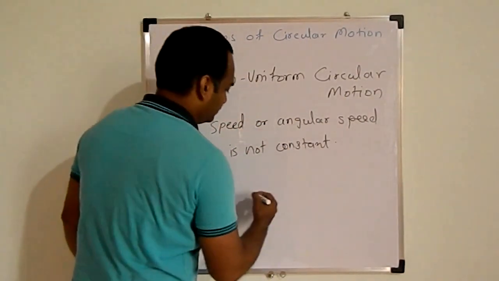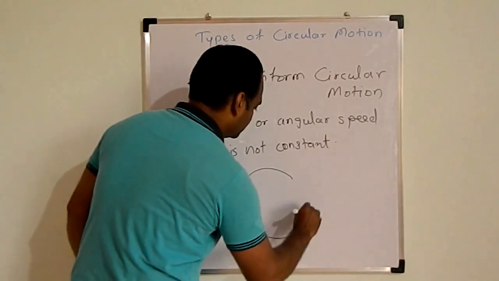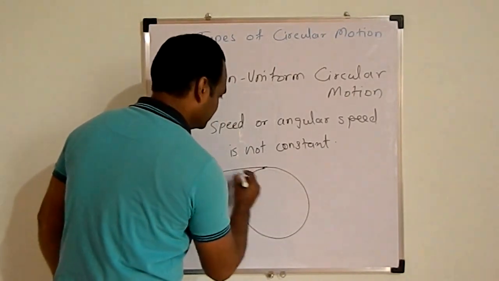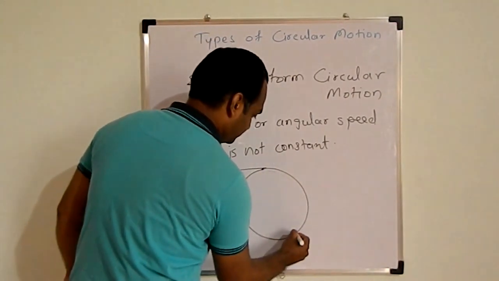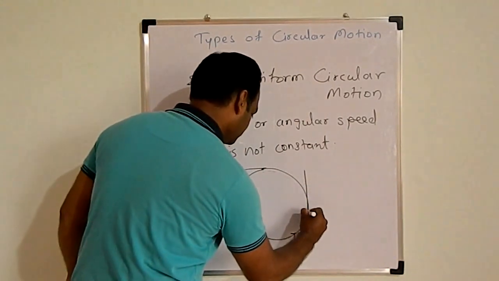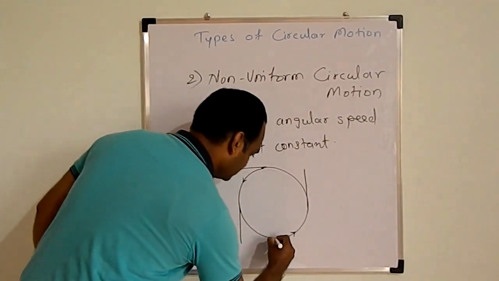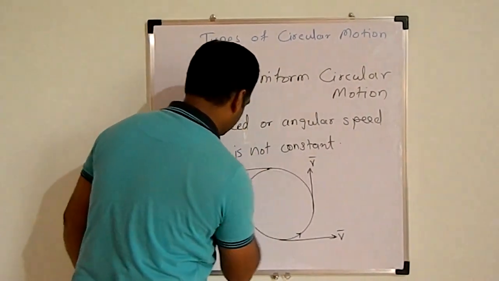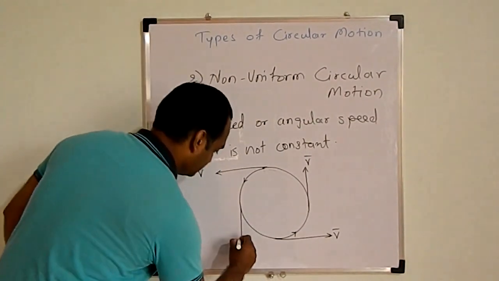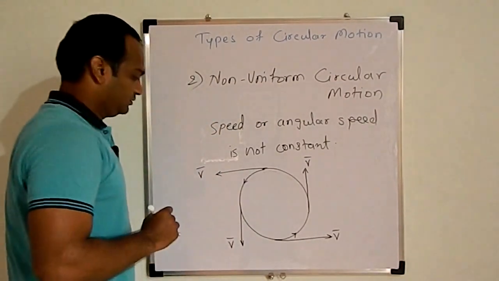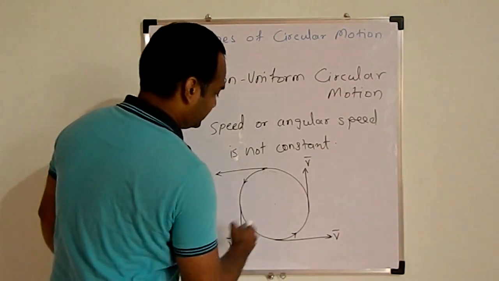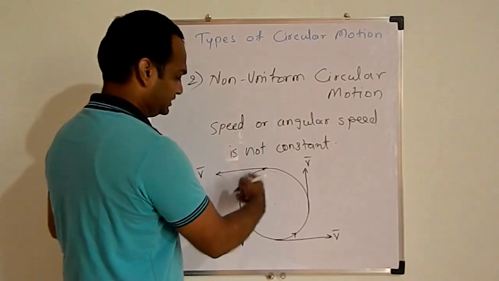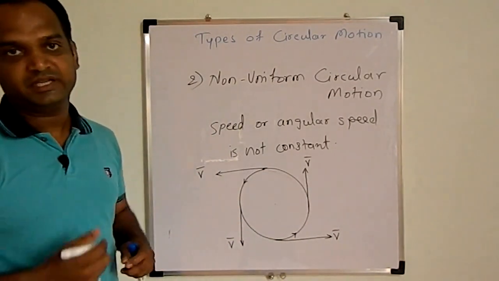In non-uniform circular motion also, the velocity is tangential to the path of motion, and it is changing direction at every instant.